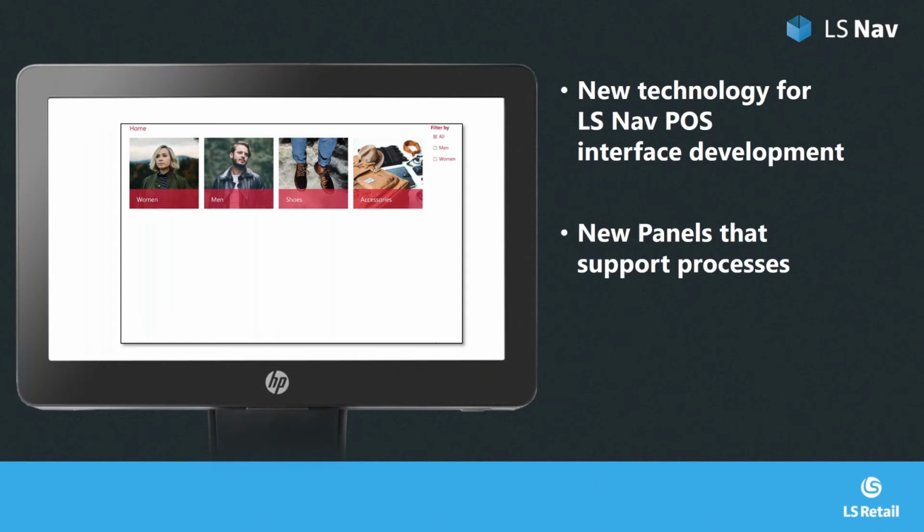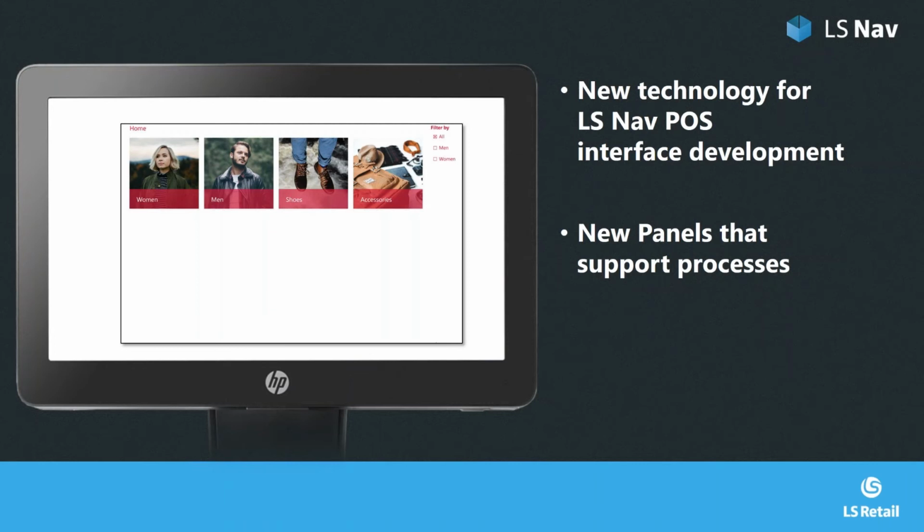Like you saw the picture before, we will take a smaller picture out of it, and this, for example, is a panel that will show a retail hierarchy, meaning that it will show the highest level in the tree. And this tree here is women, men, shoes, and accessories.